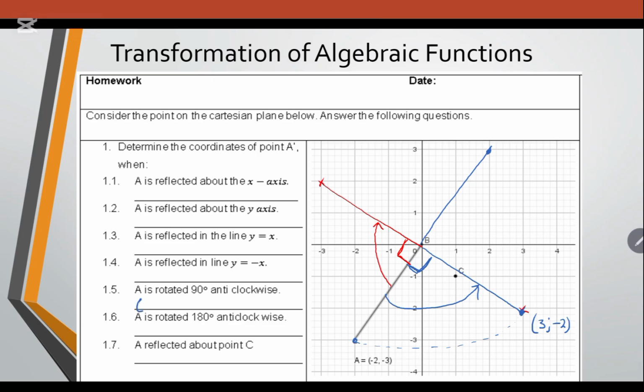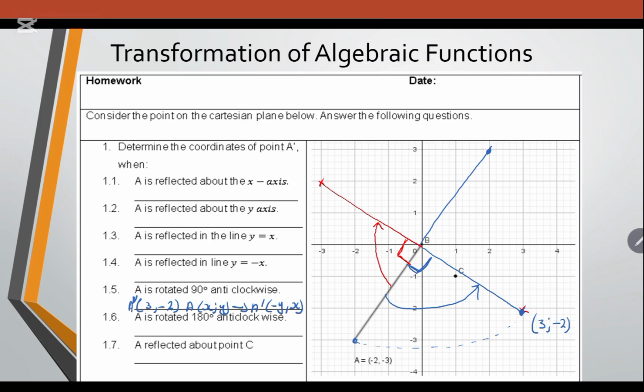So now the coordinate of A5 prime will be 3 and -2. Now if A is x and y, therefore the A prime rule will be -y and x. Only y changed the sign.